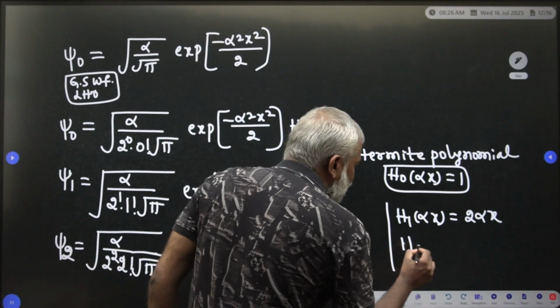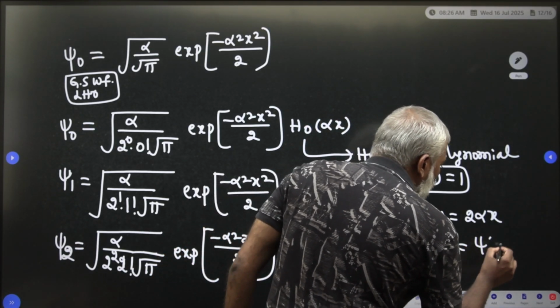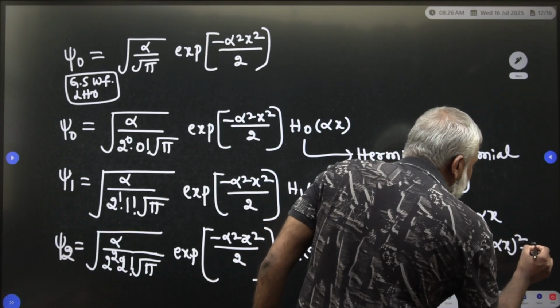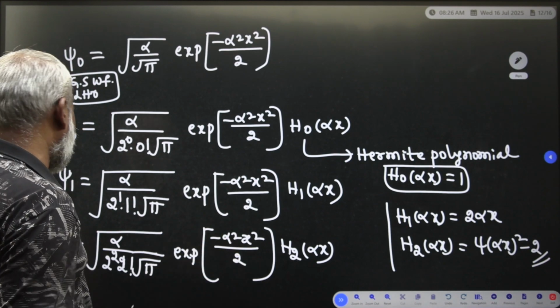H2 of alpha x is equal to 4 (alpha x) whole squared minus 2. This is the Hermite polynomial we already discussed.